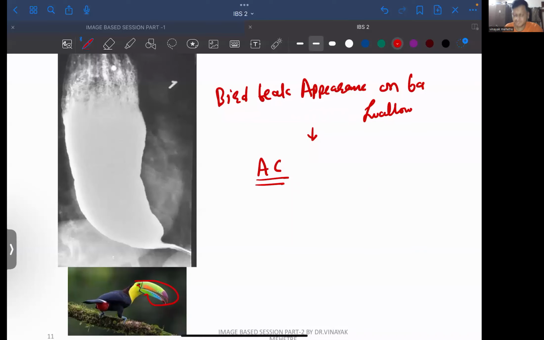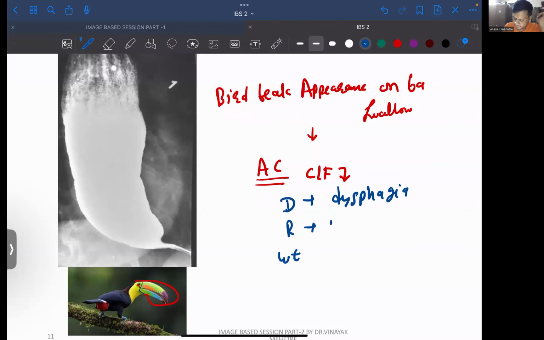Who will tell me the clinical features of achalasia cardia? अगर ये याद है, you will mark the answer correct, right? Yes, बहुत अच्छे से आंसर कर रहे हो डॉक्टर साहब. First one is dysphagia, then comes regurgitation.